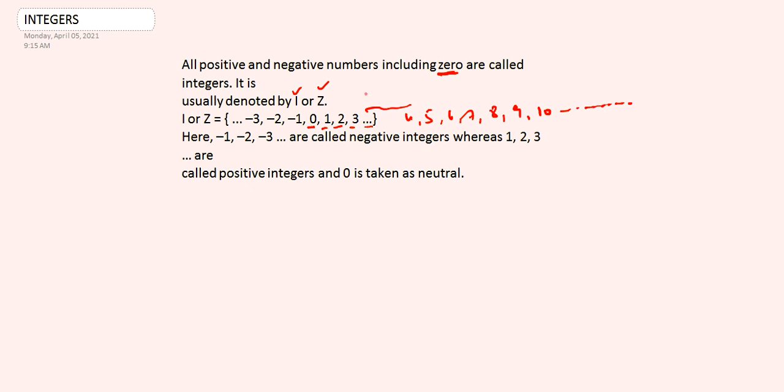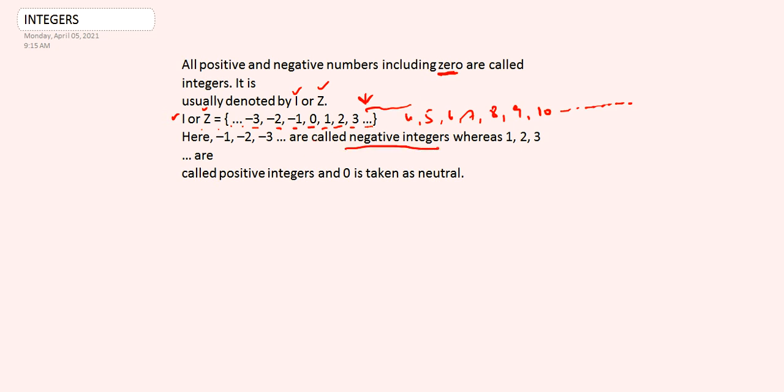Clear? So that's why we are representing by dots. These dots are indicating that further we are having more values. Then on this side, minus 1 minus 2 minus 3 minus 4 minus 5 minus 6 minus 7 and so on.